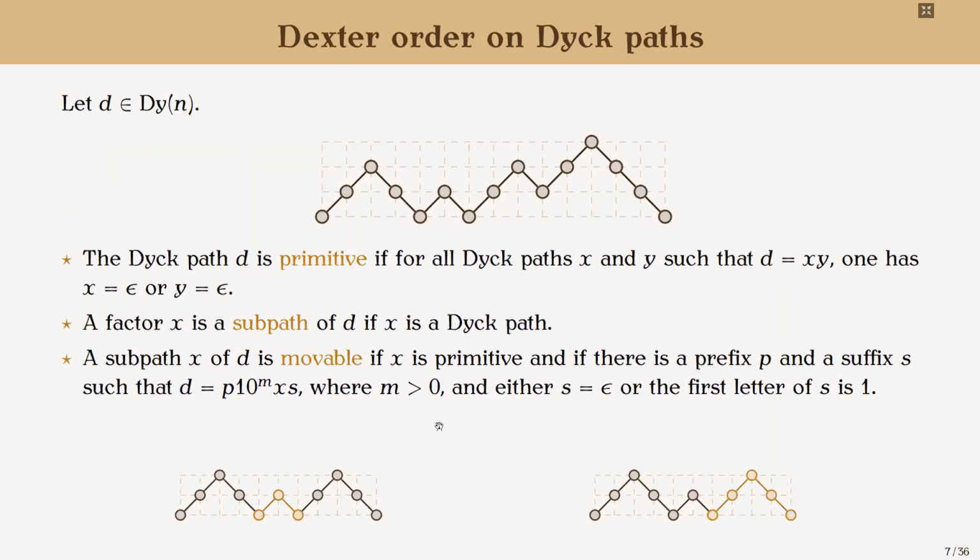So what is meant is that you have to have a number of 0s, of down steps, here before you move the subpath. Sorry, here you have to have this down step, this down step. Okay.